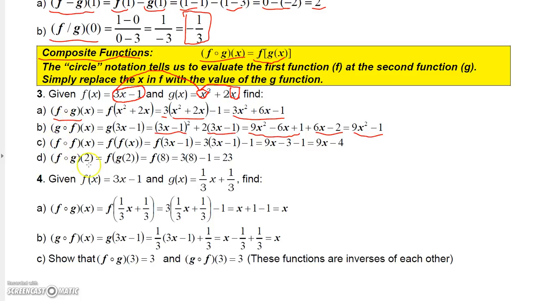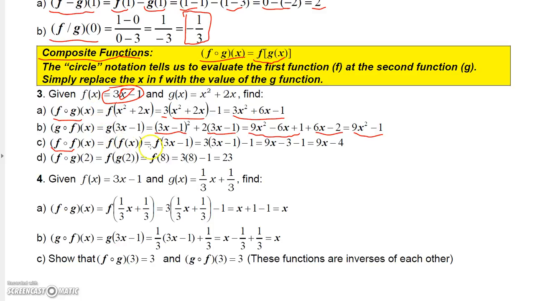Now you can also compose f with f. It might seem a little strange, but you can. Or I could have composed g with g, but let's say we want to compose f with f. Well, f with f simply means that you're going to take this f function and put it in wherever the x is.